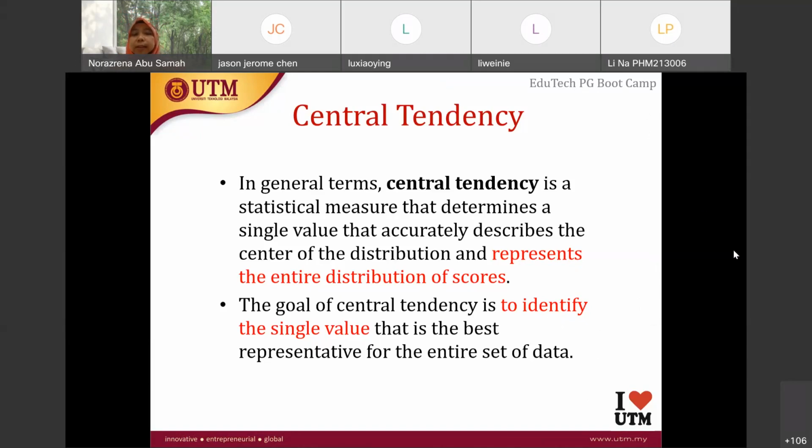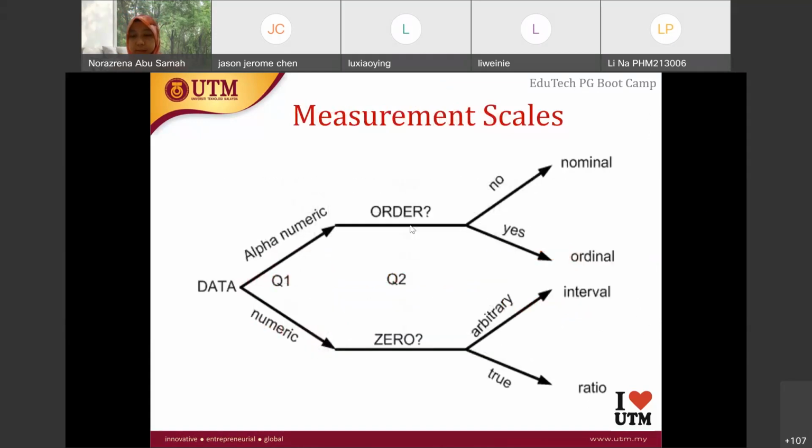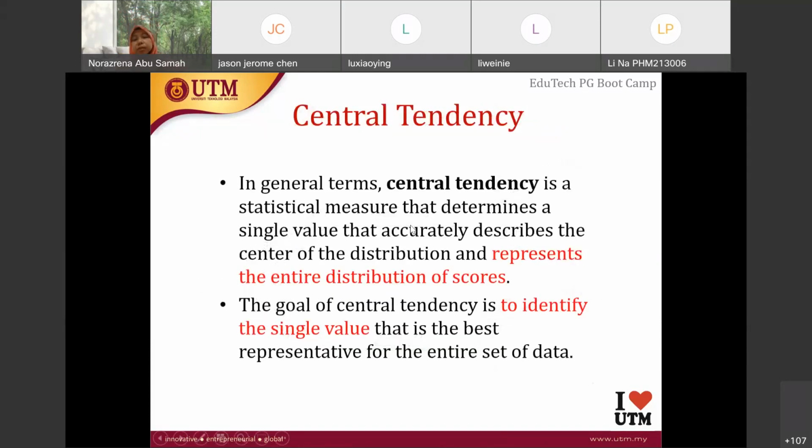Then in statistics, we have central tendency. In general terms, central tendency is a statistical measure that determines a single value that accurately describes the center of the distribution and represents the entire distribution of scores.